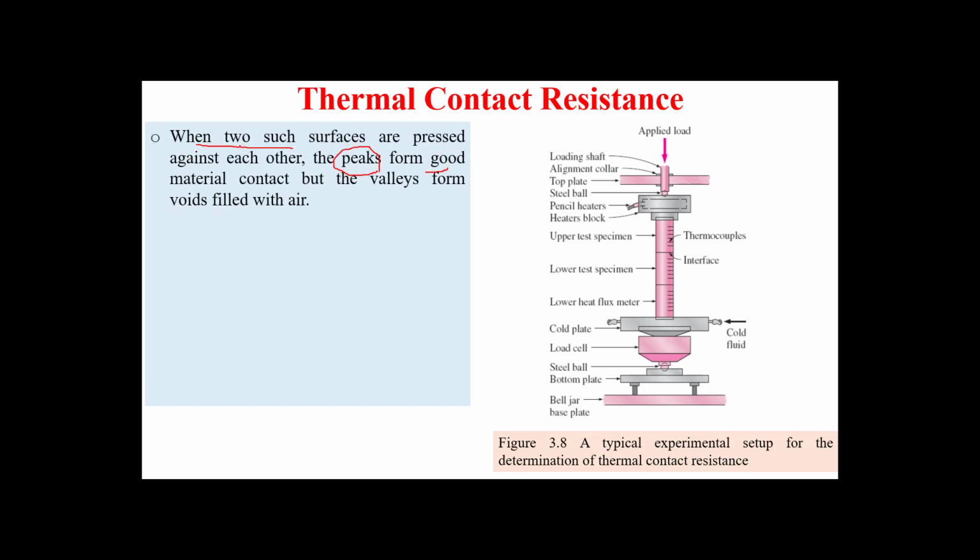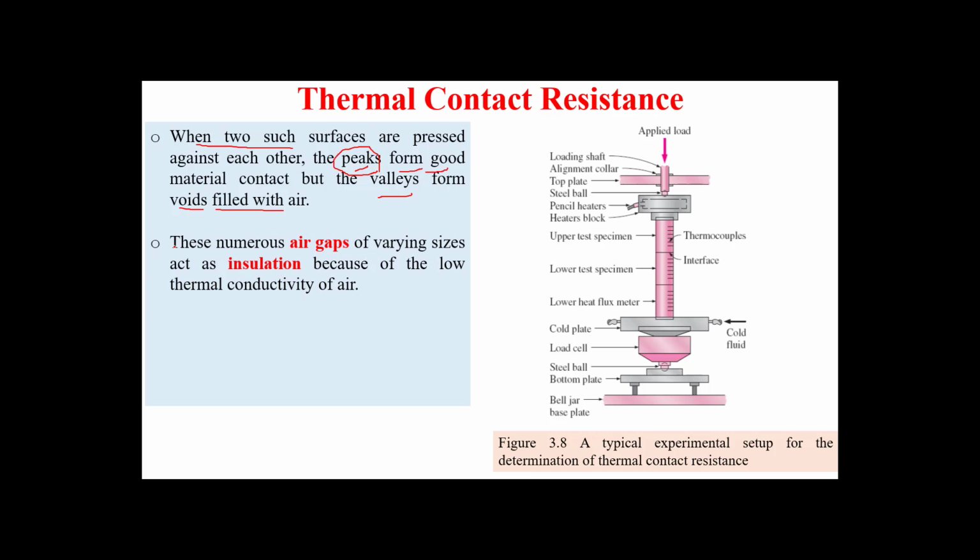When two surfaces are pressed against each other, the peaks form good material contact, but the valleys form voids filled with air. These numerous air gaps, because we are talking about roughness at a micro scale, are a lot of voids of varying sizes.